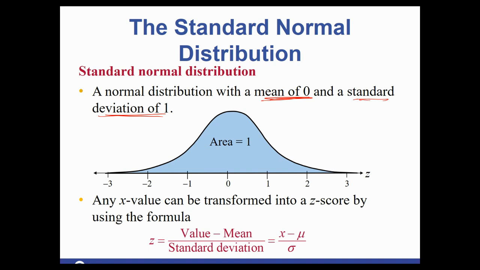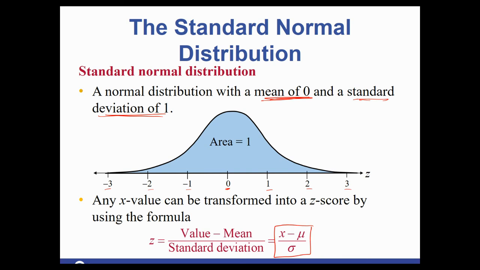You'll notice across the bottom of a standard curve, you have 0 in the middle, and you typically go out to a positive 3 standard deviations to the right and 3 out to the left, down to a negative 3. So when we're making our sketches, this is the one we are working with. In order to use that graph, that's where your z-score formula comes in.